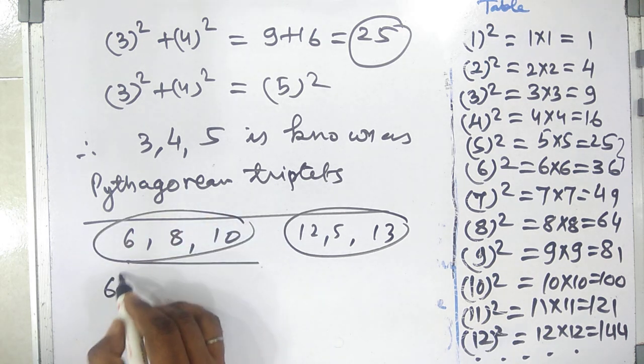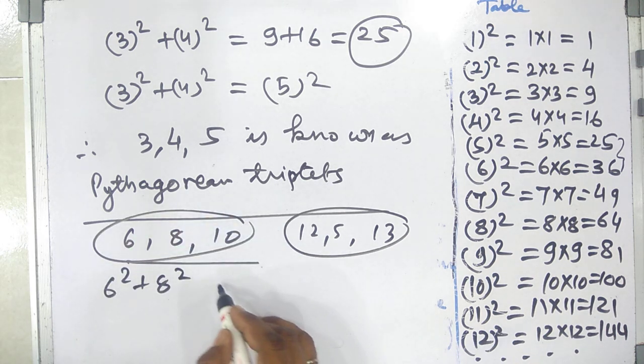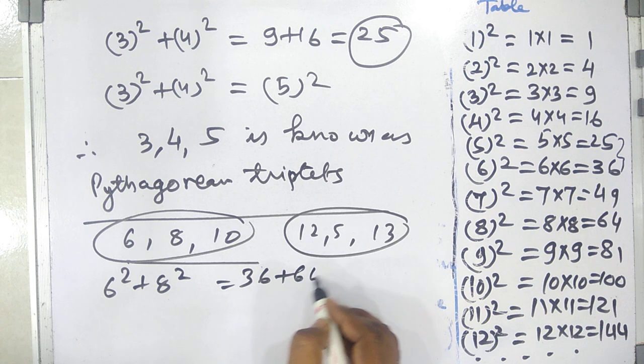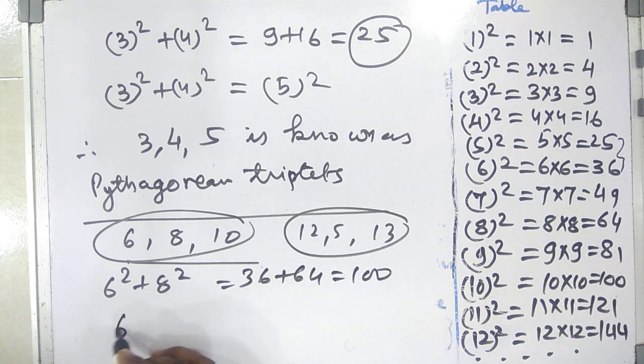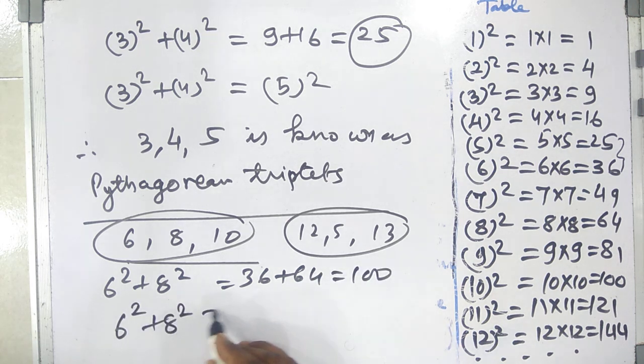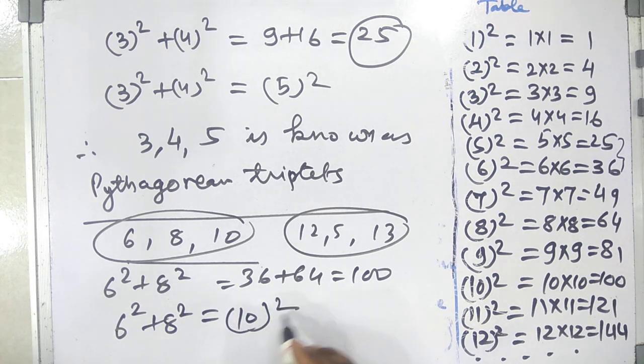Why? Because 6 square plus 8 square, 36 plus 64, is equal to 100. It means 6 square plus 8 square is equal to 10 square. Therefore 6, 8 and 10 are Pythagorean triplets.